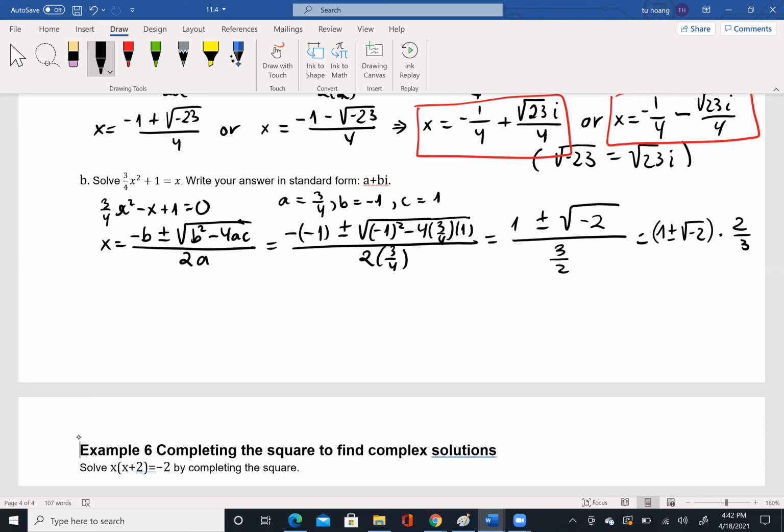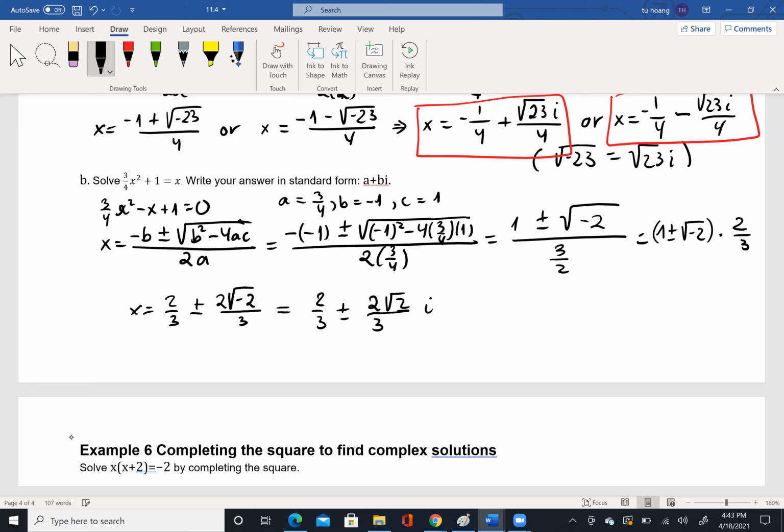Which means I can rewrite it as x equals 2/3 plus or minus 2/3 times the square root of 2 times i.